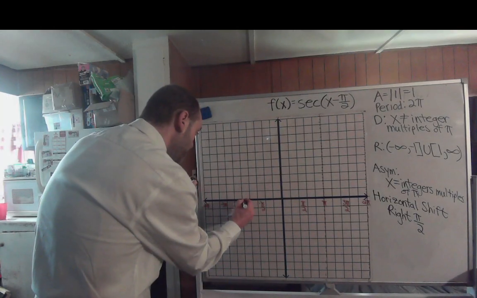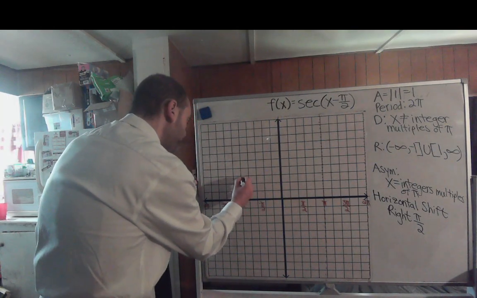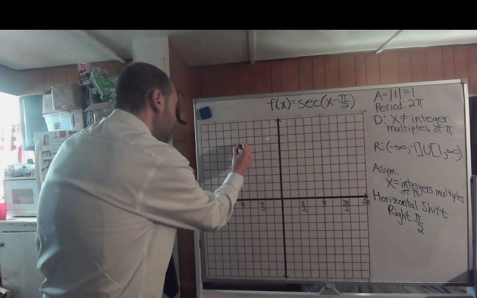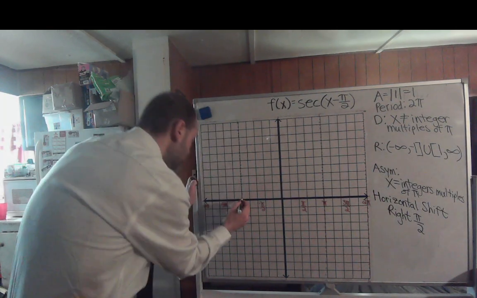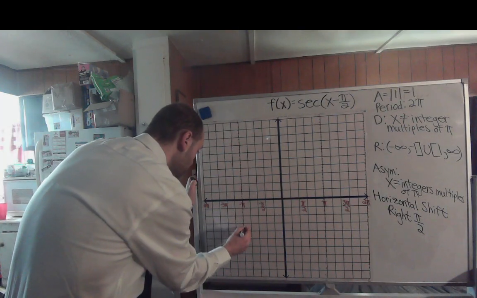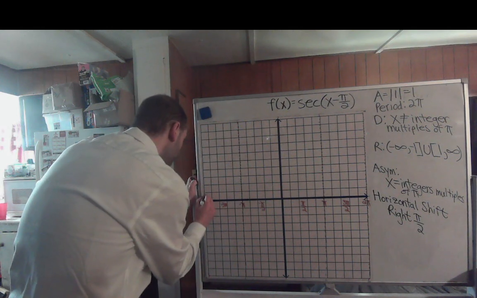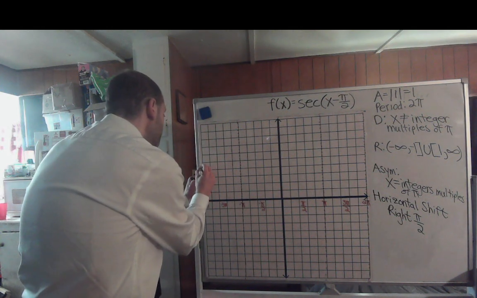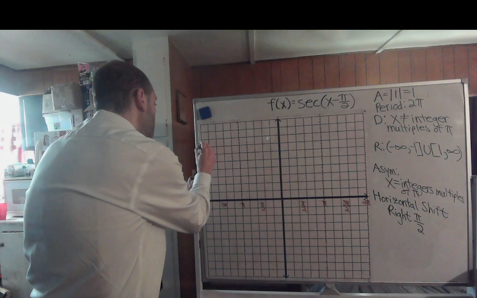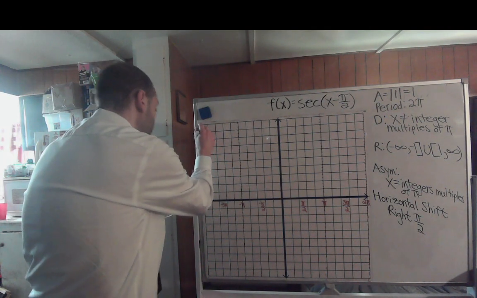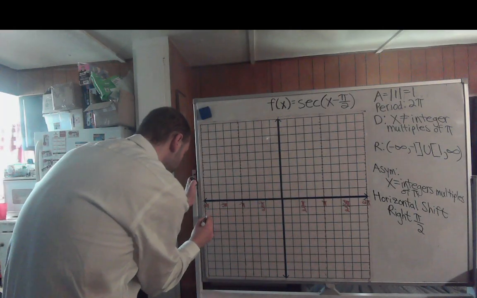Alright, negative pi. And then again at negative 2 pi. So yes, this is starting to behave a lot like a cosecant graph, even though technically it's a secant function.